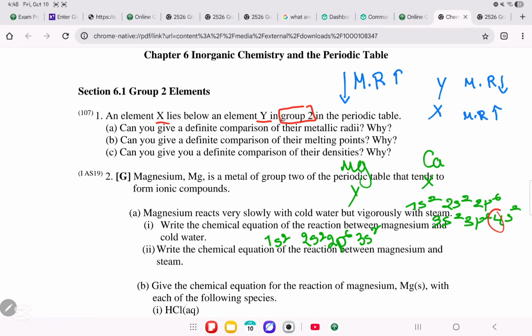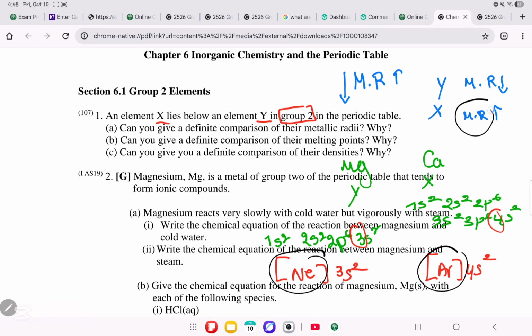Calcium has a greater energy level than magnesium, and it has a greater shielding effect than magnesium, because if you draw this, it's going to be neon 3s2 and this one is going to be argon 4s2. So because it has a greater shielding effect and a greater energy level, we know that calcium will have a greater metallic or atomic radius, which is the same reason for X having a greater metallic radius.